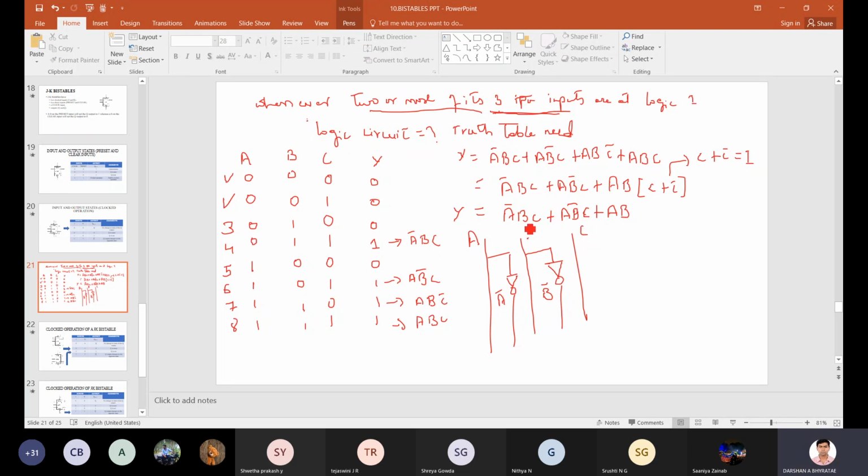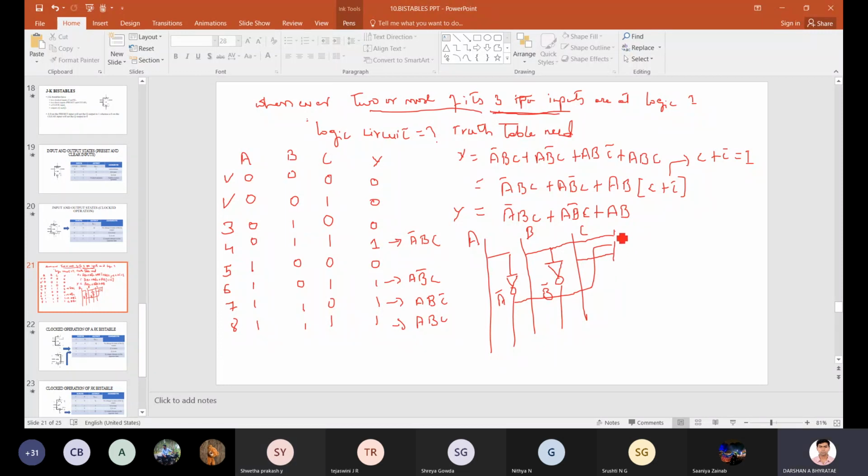Okay, first expression, what is it? A bar BC. Take one output of the NOT gate, A bar, and this is B and C. This is A bar and this is one more C. Which gate do I have to use?